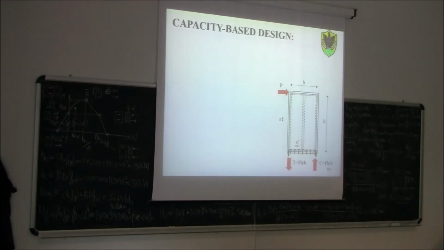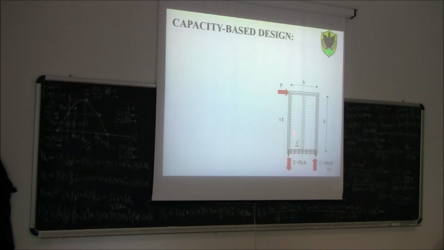So the overturning bending moment, which is given by the horizontal force P times the distance h, will be equilibrated by this resisting, stabilizing bending moment here, which is basically the tensile force in the vertical stud times the distance between the two studs.